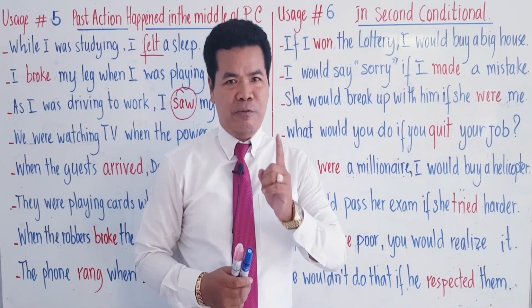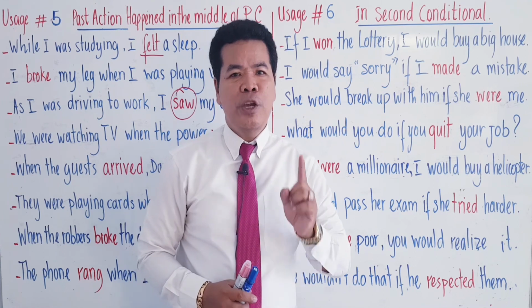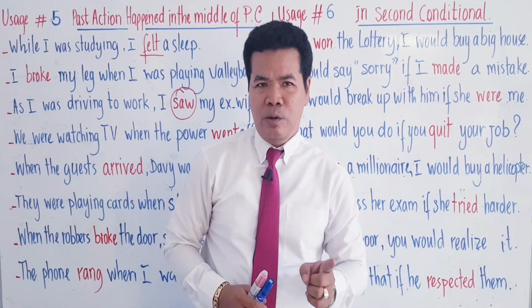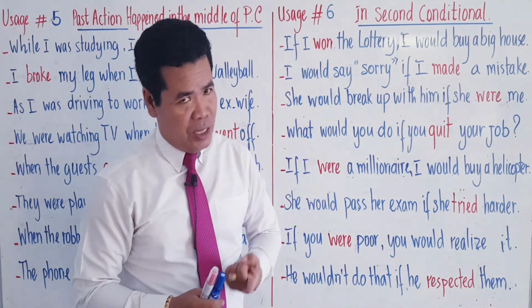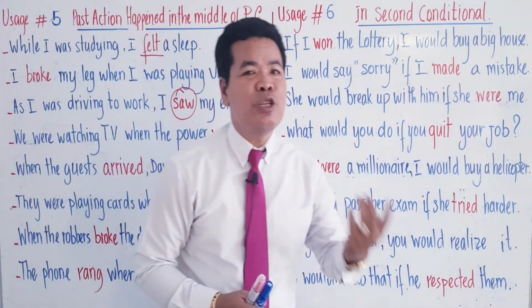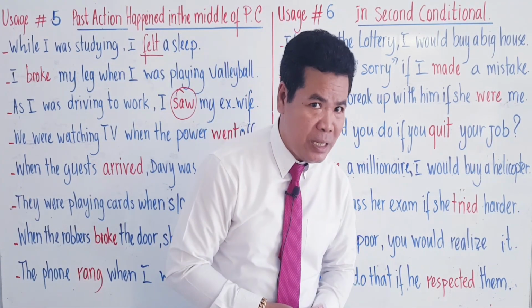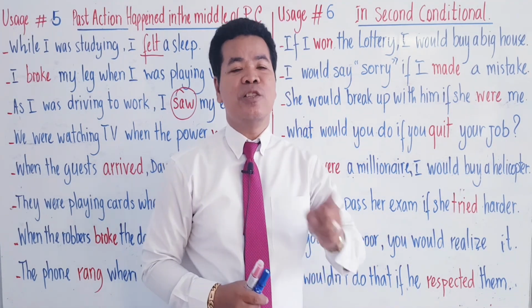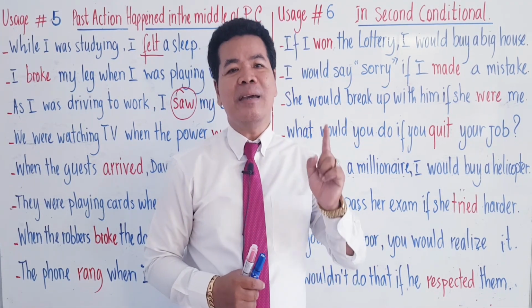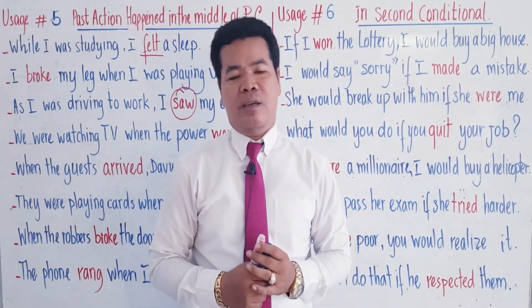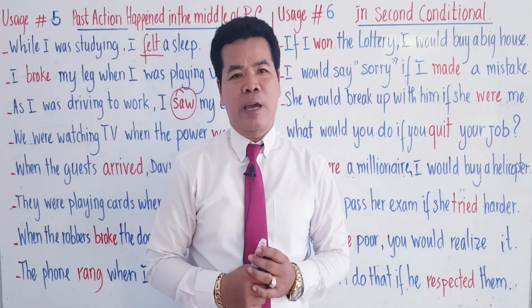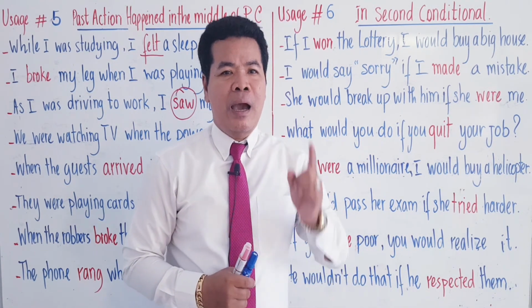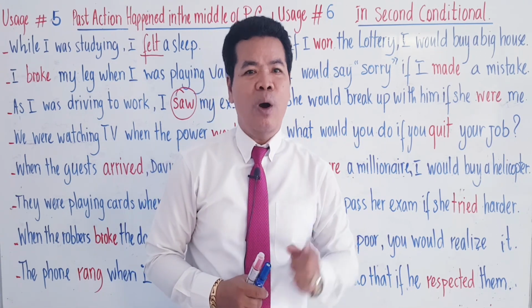You have to be careful, alright? We use the second conditional to talk about actions or situations in the present or in the future which are not likely to happen or are imaginary. Hypothetical or impossible.